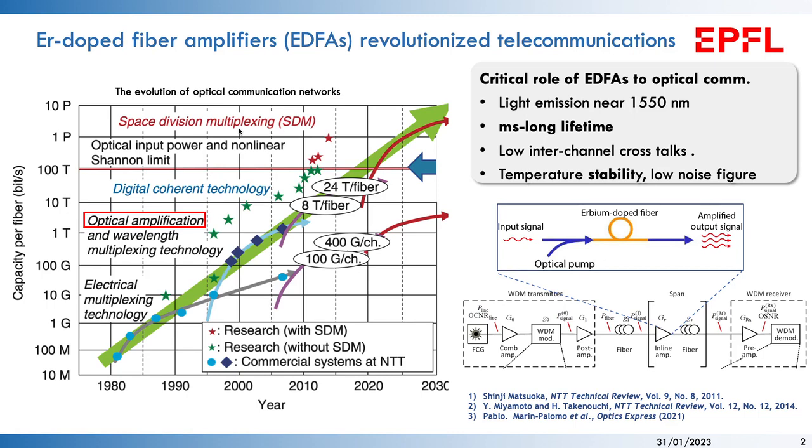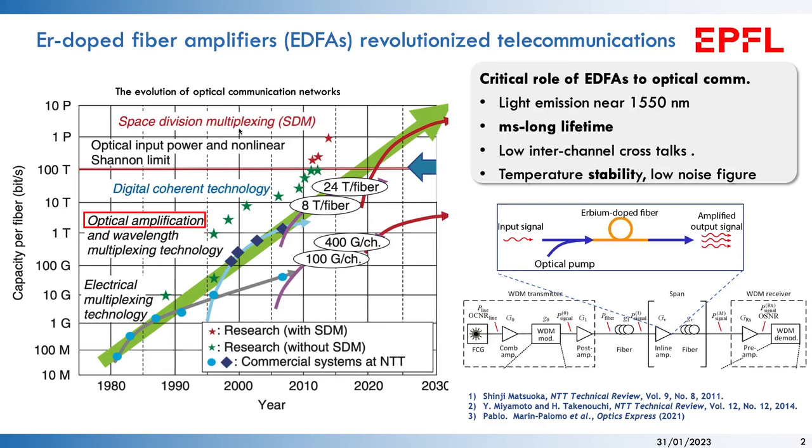Because the erbium ions have a good emission wavelength near 1550 nanometers, perfectly matched with the lowest-loss transmission band of optic fibers. Also, the very unique electronic 4f shell structure allows you to have very slow gain dynamics. So in the end, you have very good immunity to interchannel crosstalk.